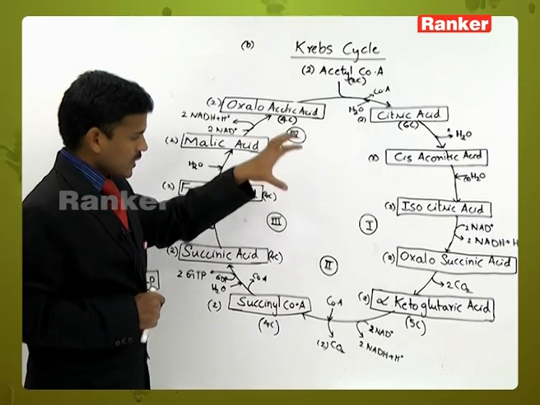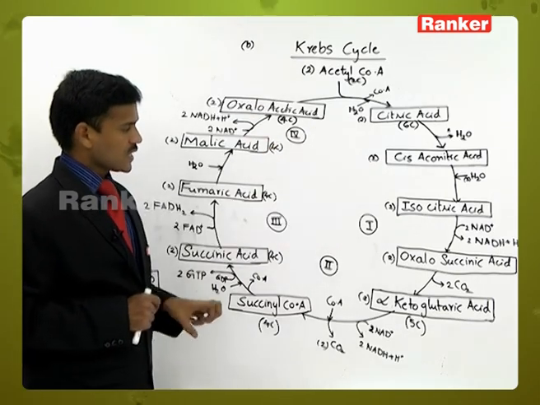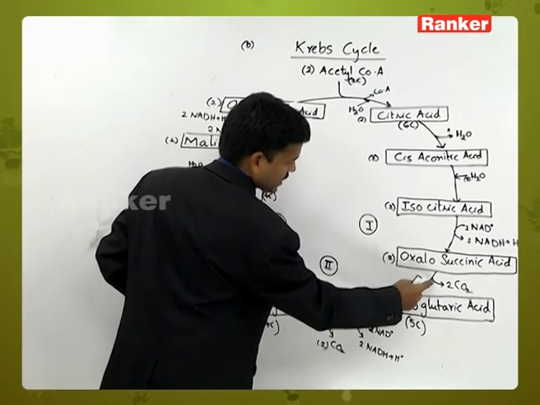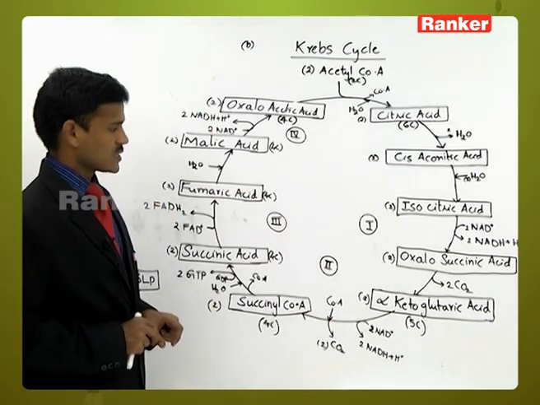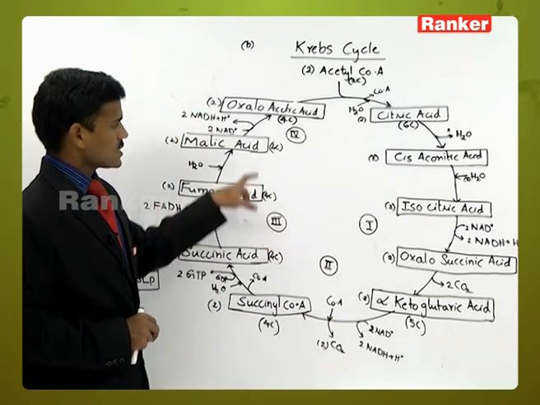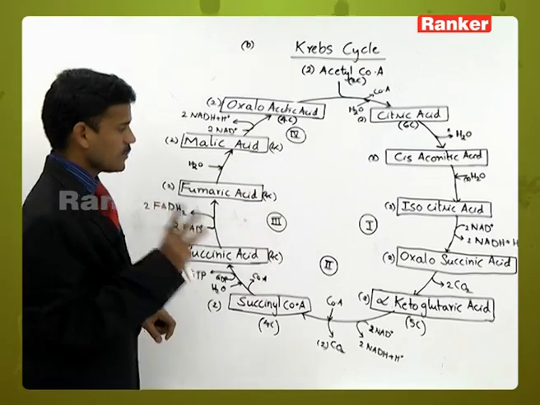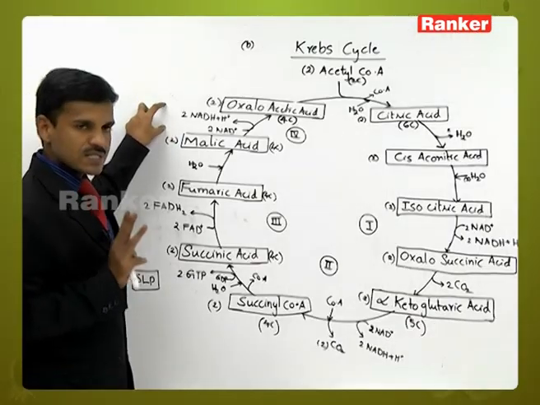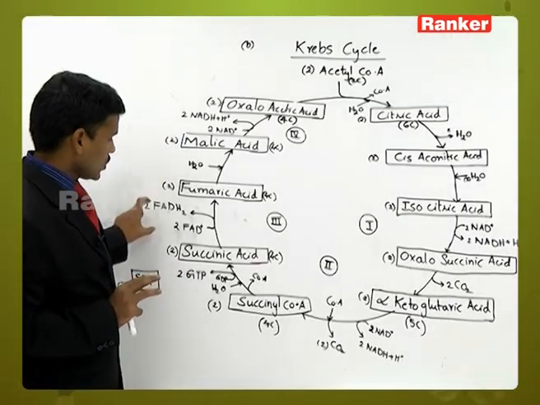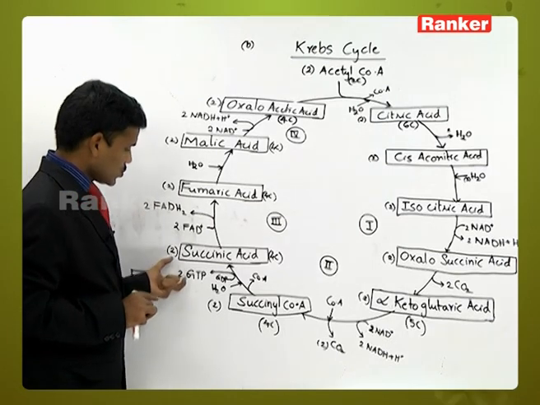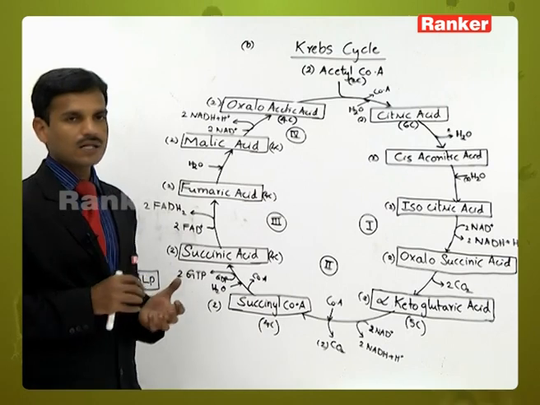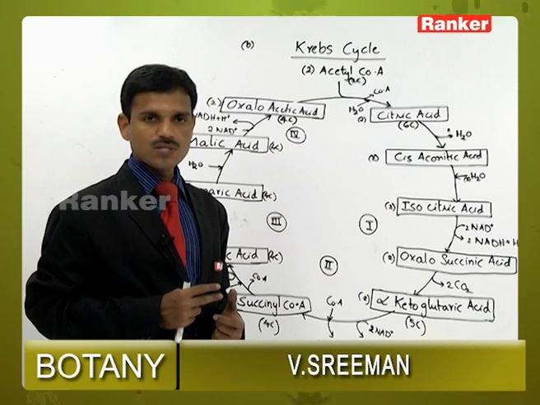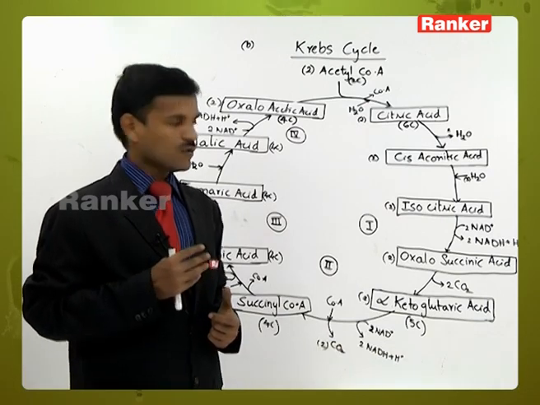In this Krebs cycle, there are a total of 4 oxidation reactions and 2 decarboxylation reactions. At 4 points oxidation reactions take place, but at 3 points only, the first, second and fourth oxidation reactions, NADH2 is produced, totally 6 NADH2s, and 2 FADH2s, and 2 GTPs. So in the Krebs cycle, the end products are 6 NADH2s, 2 FADH2s, 2 GTPs and 4 CO2s.